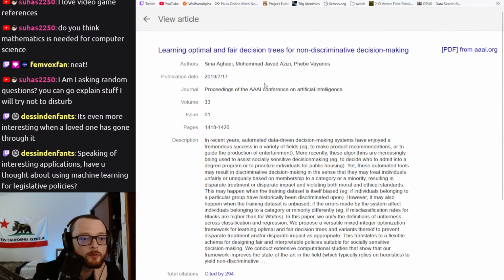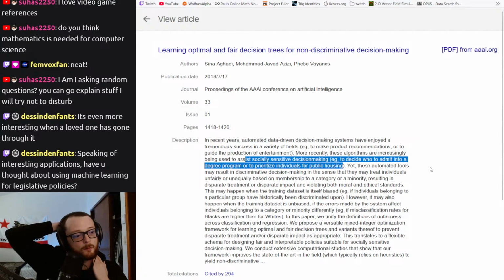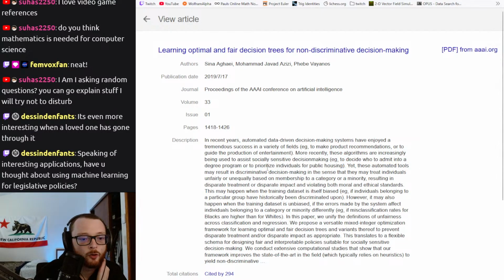So, learning optimal and fair decision trees for non-discriminative decision making. I assume this is decision making in a public policy setting. Socially sensitive decision making to decide who to admit into a degree program or to prioritize individuals for public housing. So yeah, the talk that I went to was specifically about prioritizing people for public housing.